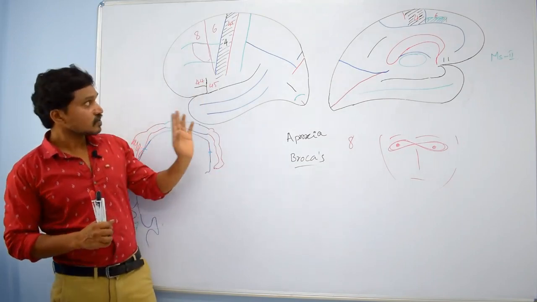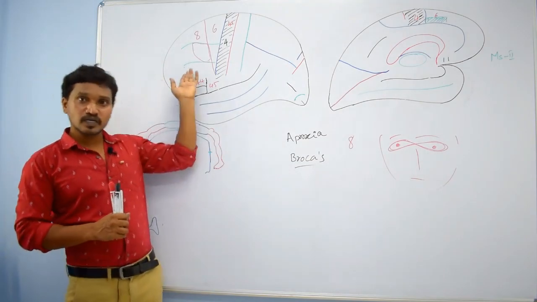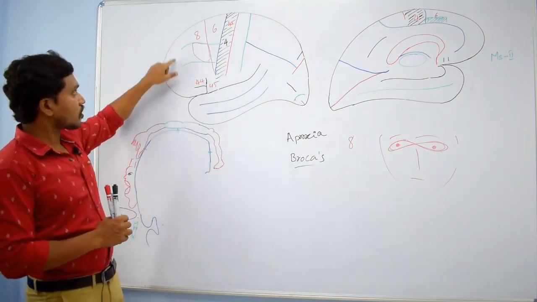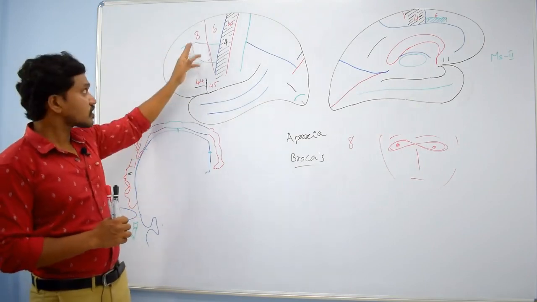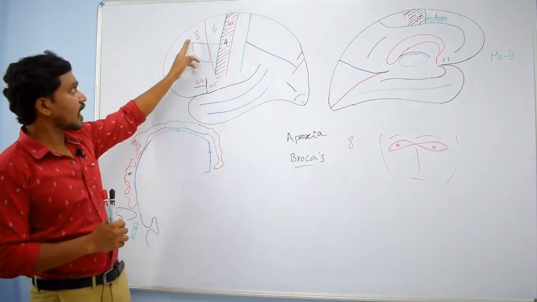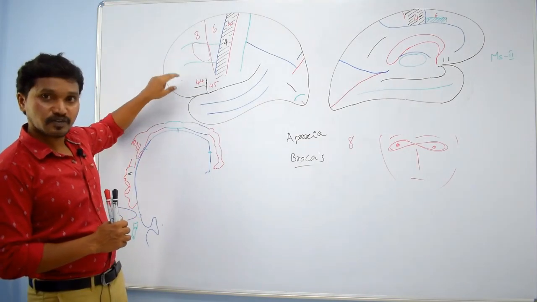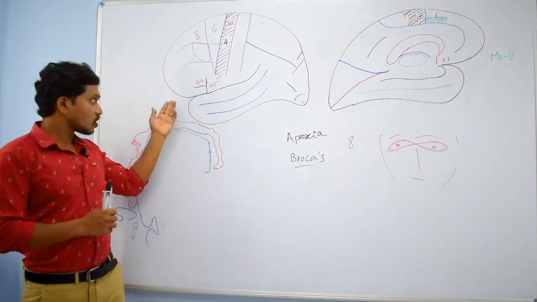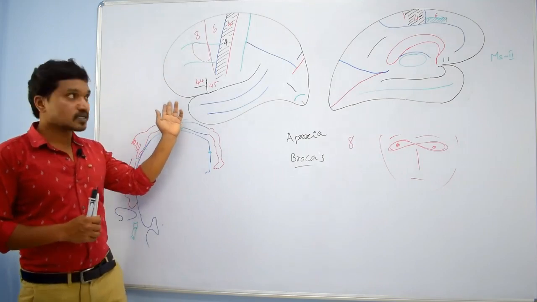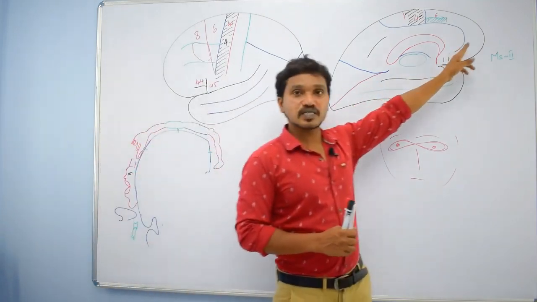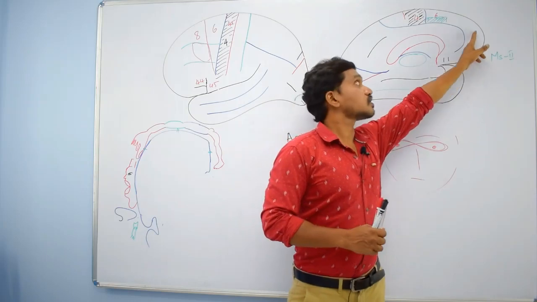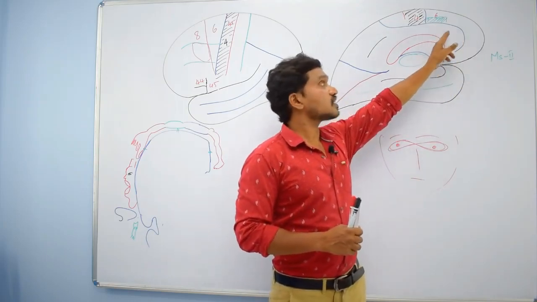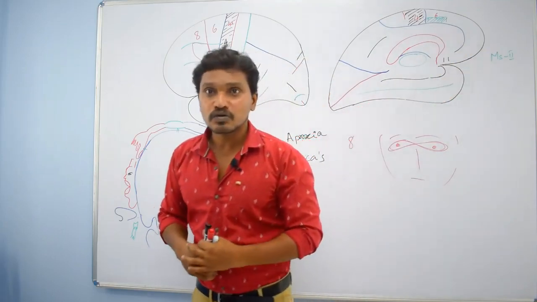Clear? Then we will go for the remaining part of the frontal lobe. This frontal lobe in front of this region, that means the anterior part of the superior, middle and inferior frontal gyrus, and also the orbital gyrus, and also the medial surface. That means the medial frontal gyrus and the anterior half of the cingulate gyrus.